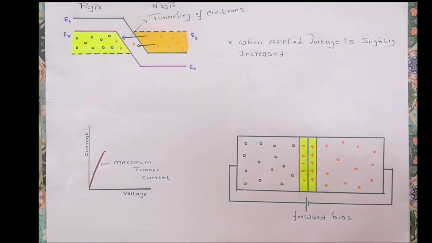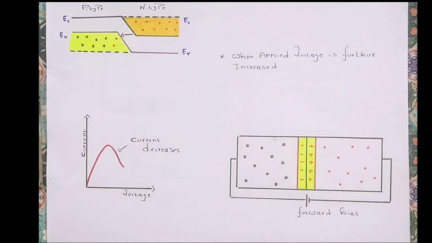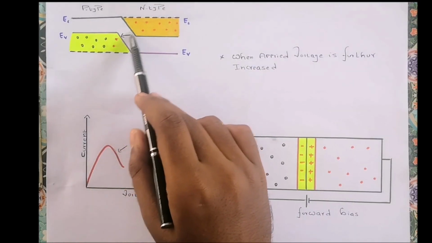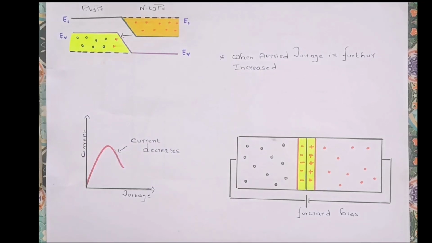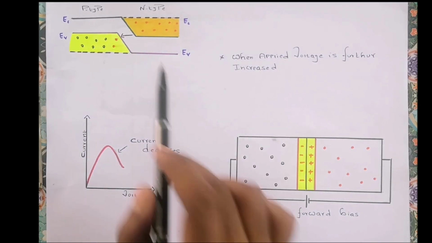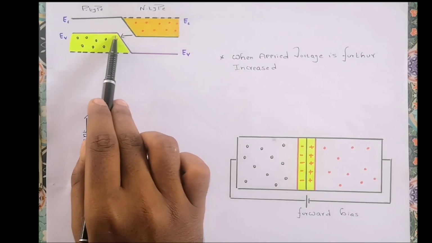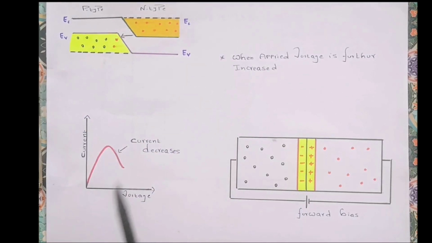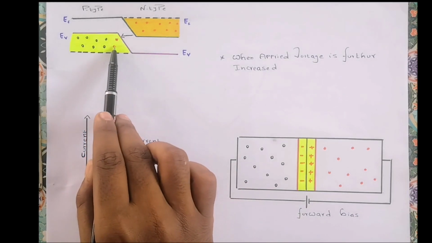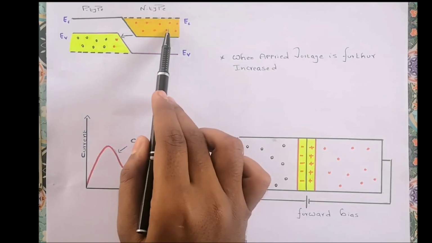And now if the applied voltage is further increased, then as you can see here, a slight misalignment of the conduction band and the valence band takes place. However, here the conduction band of the n-type material and the valence band of the p-type material are still overlapped. And because of this overlapping, the electrons will tunnel from the conduction band of the n region to the valence band of the p region.